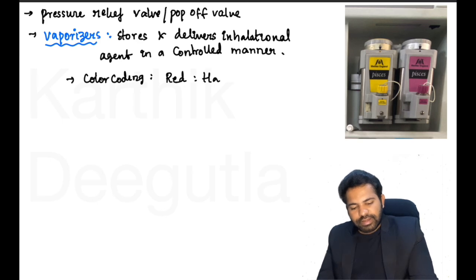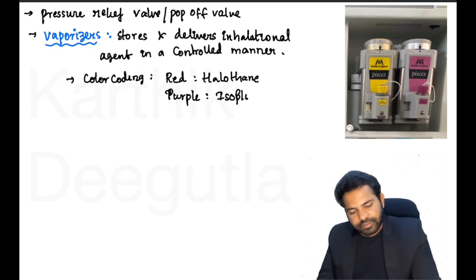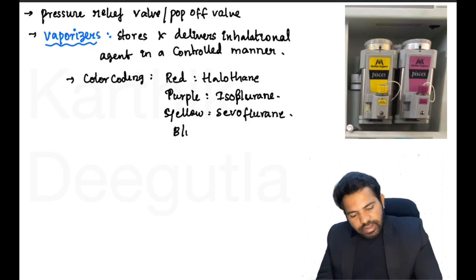So red is halothane. Okay. Then we have purple for isoflurane. Clear? Now we have yellow. Yellow is for sevoflurane. Then blue is for desflurane.